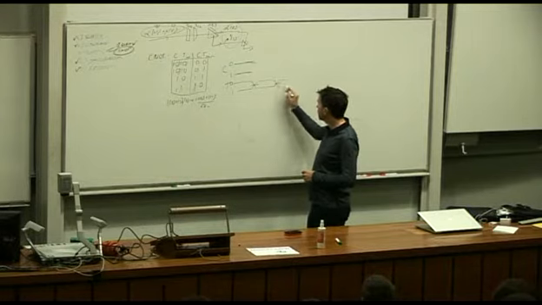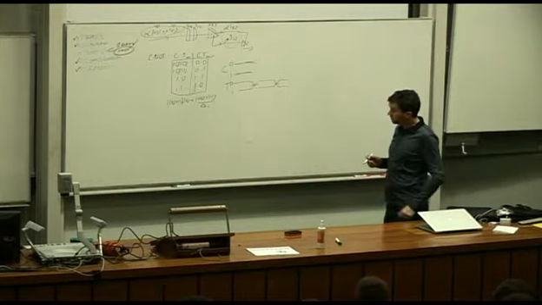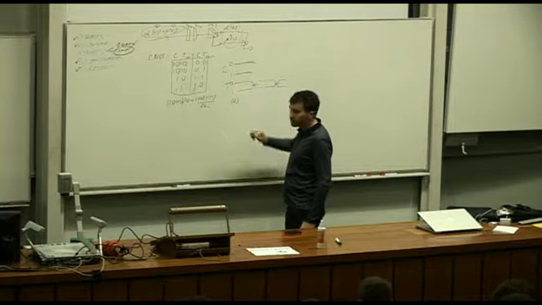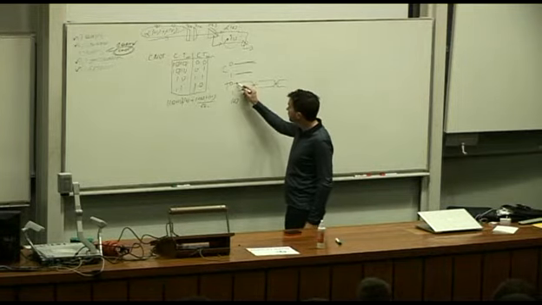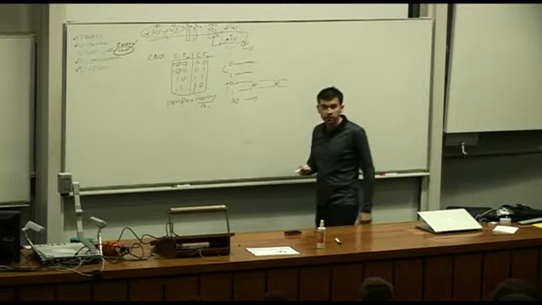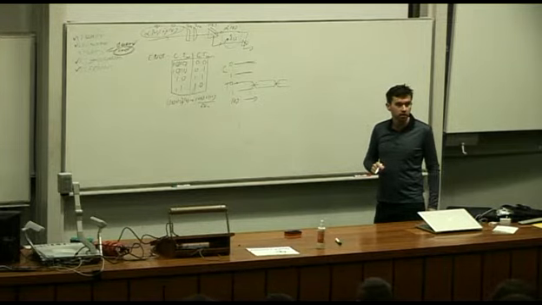And then we do the same thing again. And if we send the logical 0 state, by which I mean a single photon in here, what happens to it after this first 50-50 beam split? What's the state afterwards? Plus this.